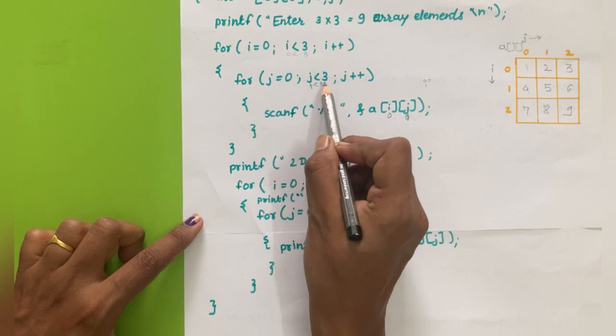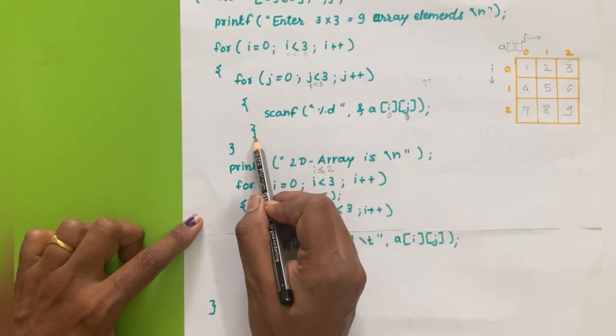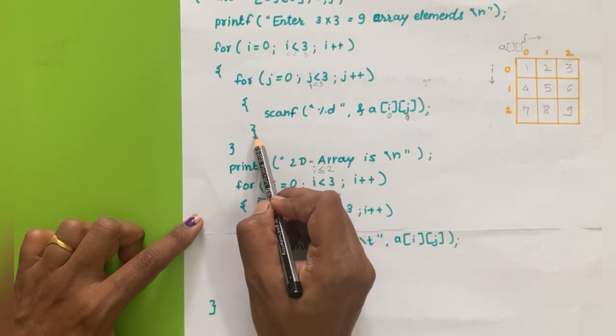This time the condition will not be satisfied and it will move outside the j loop.